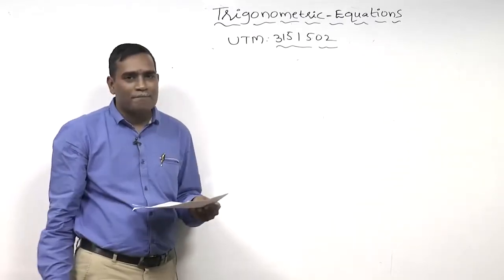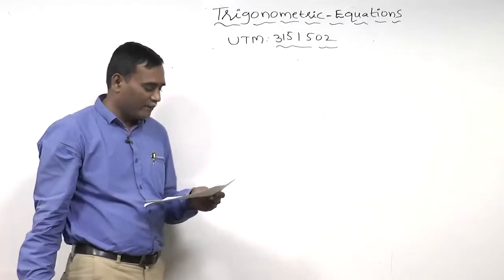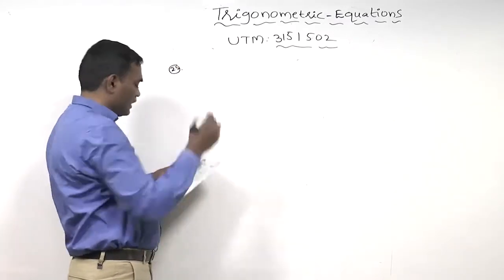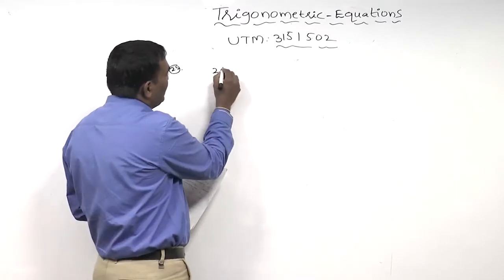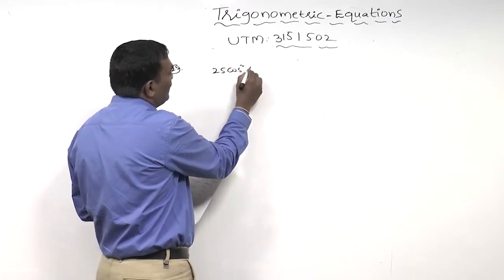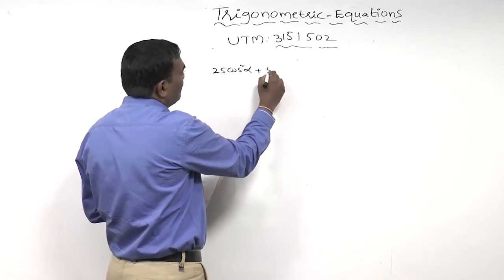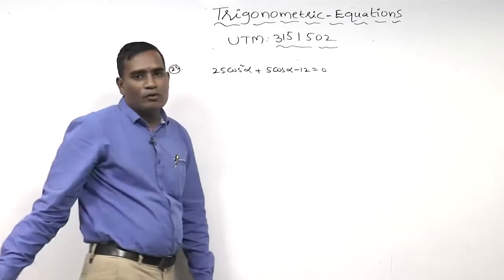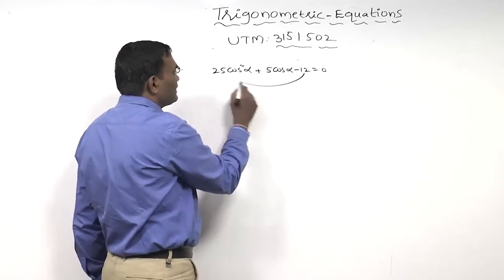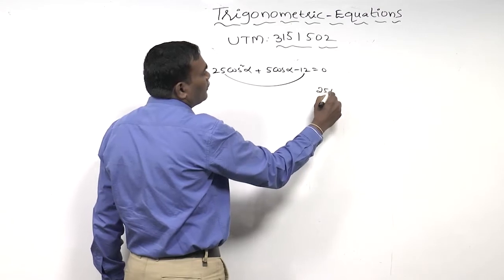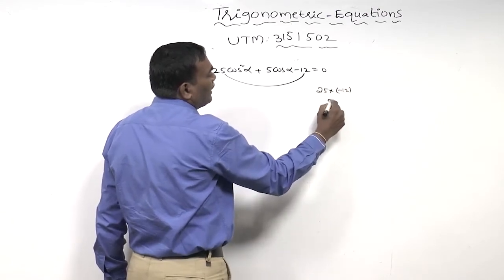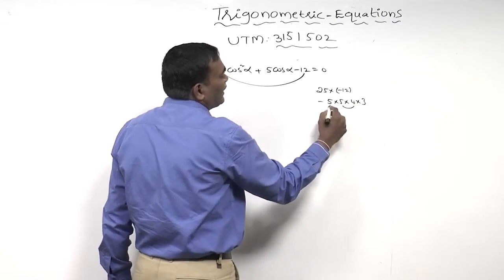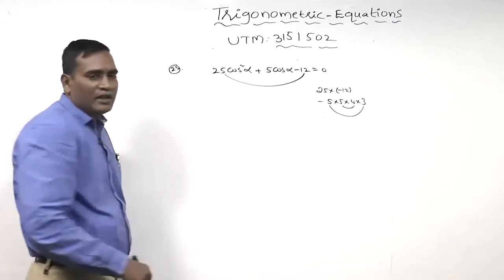Yes, 25 cos square theta. Simplify. What are the factors? Alpha is a root. That means alpha satisfies the equation. We can write 25 cos square alpha plus 5 cos alpha minus 12 is equal to 0. Factorize 25 into minus 12: 20 into 15.